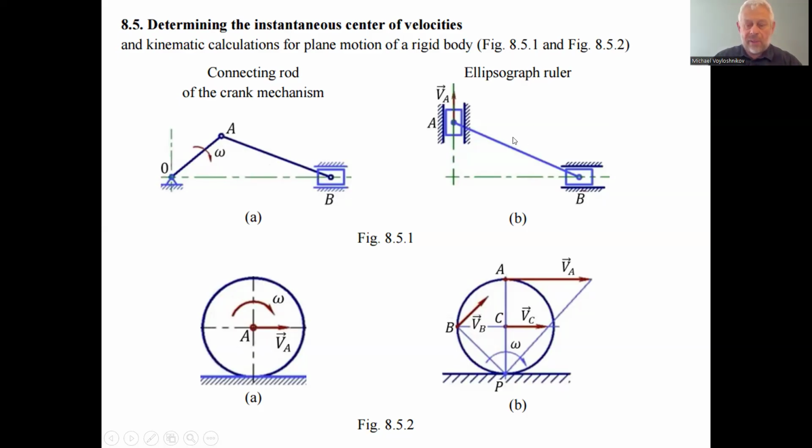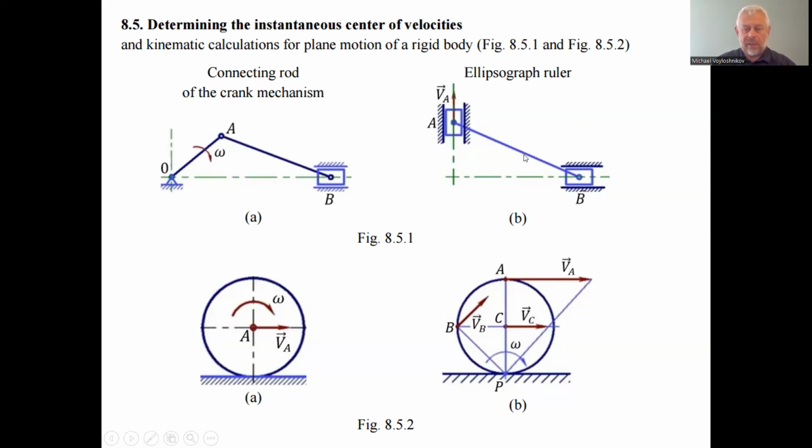Another example: the instantaneous center of the velocities for the connecting rod AB is in the intersection of the perpendiculars. Here we have the perpendicular to the direction of the velocity of the slider A, and here the vertical perpendicular to the direction of the velocity of the point B, and in the intersection we have the instantaneous center of the velocities of the connecting rod AB.